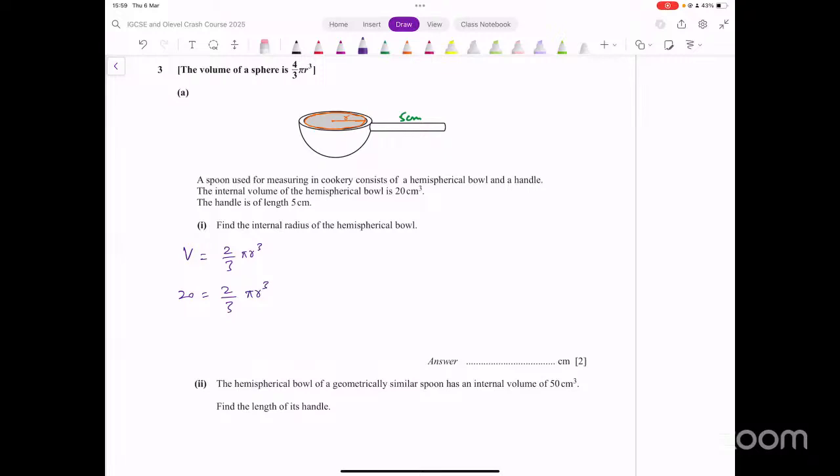And we can find the value of r from this. 20 times 3 is 60. 60 over 2 is 30. 30 equals pi r cube, or let's do it directly. 20 times 3 divided by 2 pi, that equals r cube. And then you can find the value of r by taking cube root on both sides.